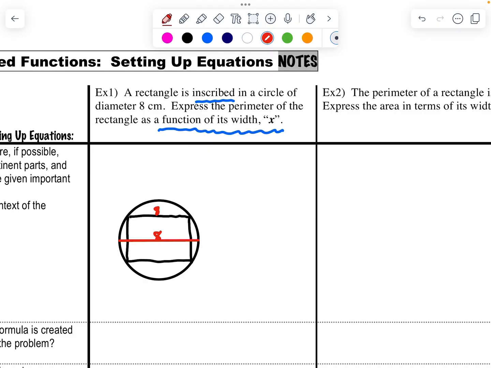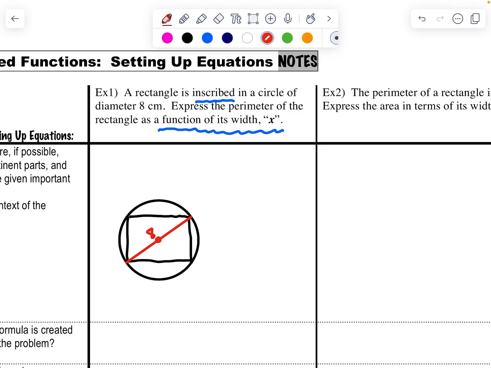So our goal is to create it so that we make a connection between the rectangle and the circle. So what you're going to do is draw your diameter this way. This will pass through the center of the circle. This gives you a diameter of 8. And now that line also becomes the diagonal of the rectangle, which is what we want.